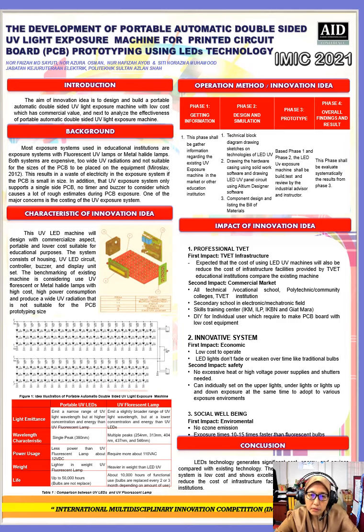Phase 3 involves the prototype. In this phase, based on phase 1 and phase 2, the LED UV exposure machine shall be built, tested and reviewed by the industrial advisor and instructor. The last one is overall finding and result, where the result from phase 3 is evaluated systematically.